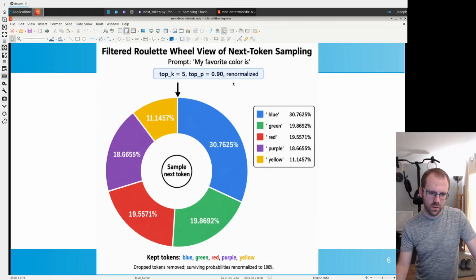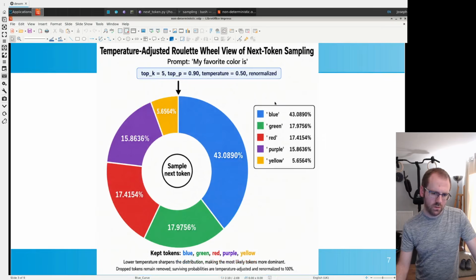If we set the temperature to a lower setting, it might look like this. You can see the most likely token has had its probability stretched and the others have been compressed. Now if you set the temperature to 0, that's called greedy decoding, and that means you always just pick the most likely token, so you don't even bother with a roulette wheel.